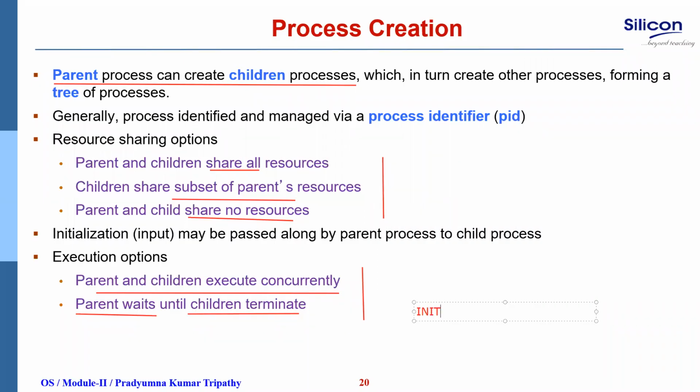INIT is the first process created by the operating system, with PID 1. Then from that, the other processes are created, and any program that you open has a process with a process ID.